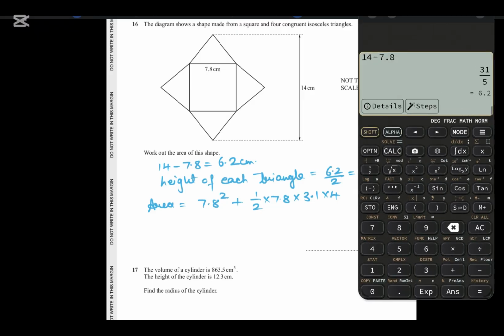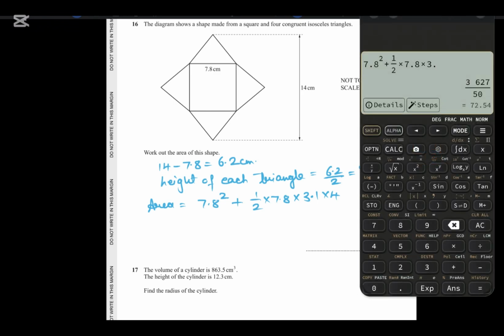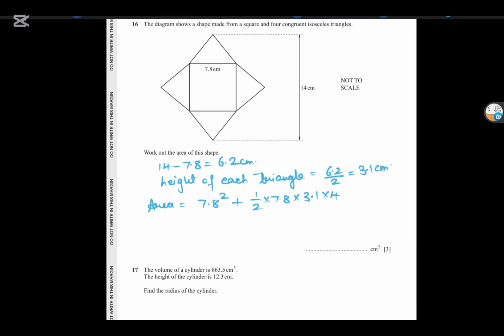Use the calculator. 7.8 squared plus half into 7.8 into 3.1 into 4, that is 109.2 centimeter square. This is the area of the shape.